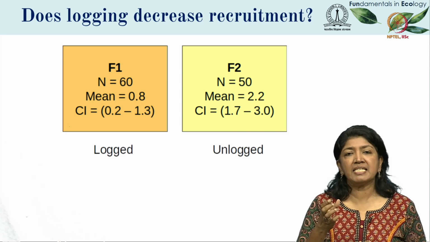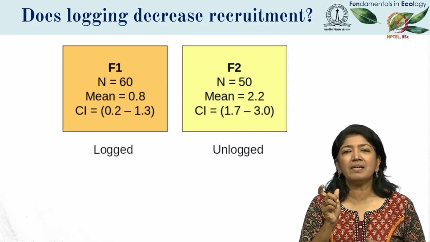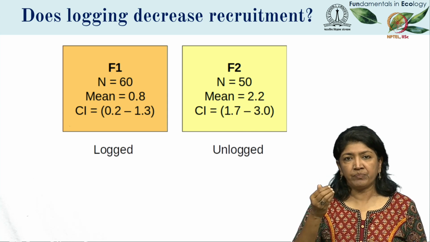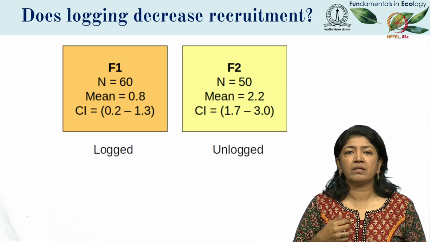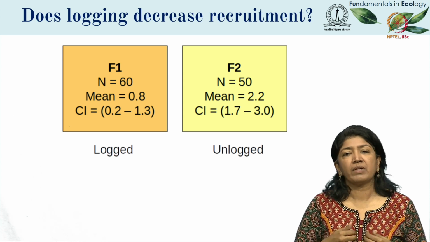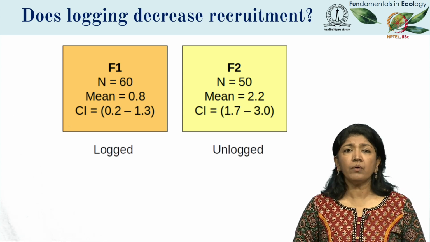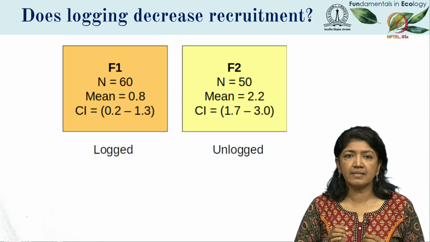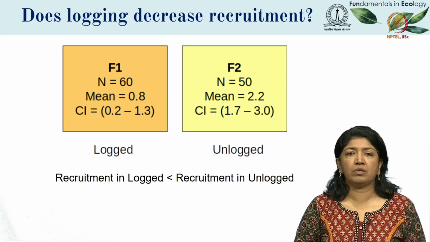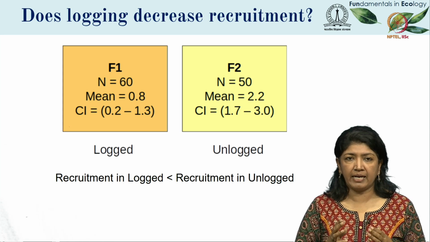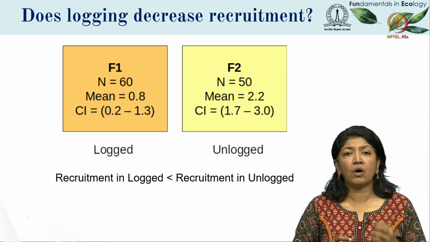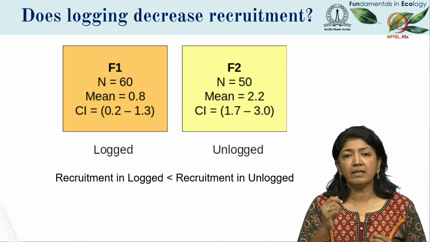Now, remember, confidence intervals are telling you the plausible range of values that the true population mean recruitment in the unlogged and the logged forest are likely to be. Okay. So, now based on these data and this design, can I conclude that recruitment in logged forest is lower than recruitment in unlogged forest?